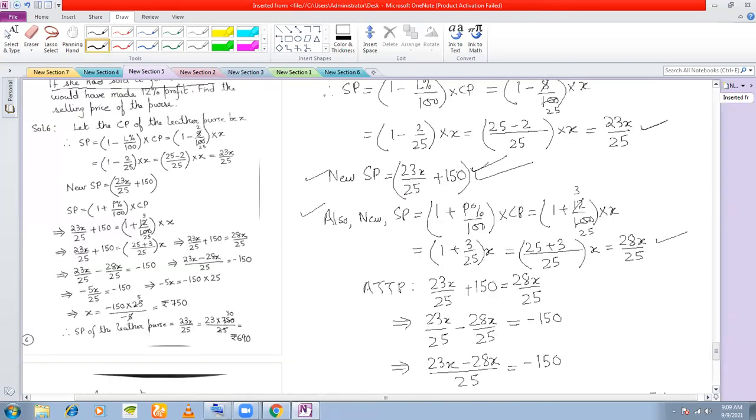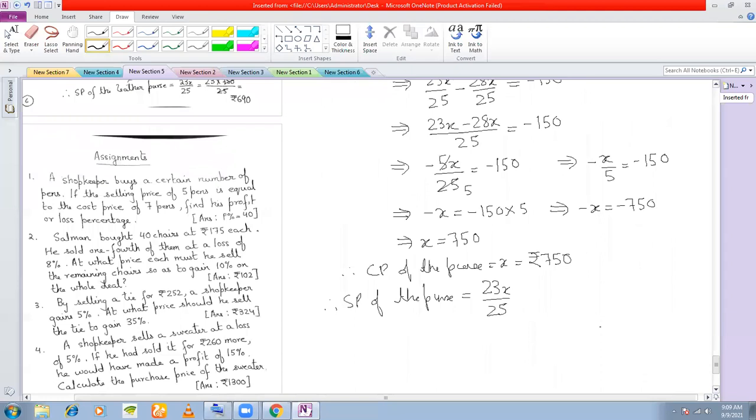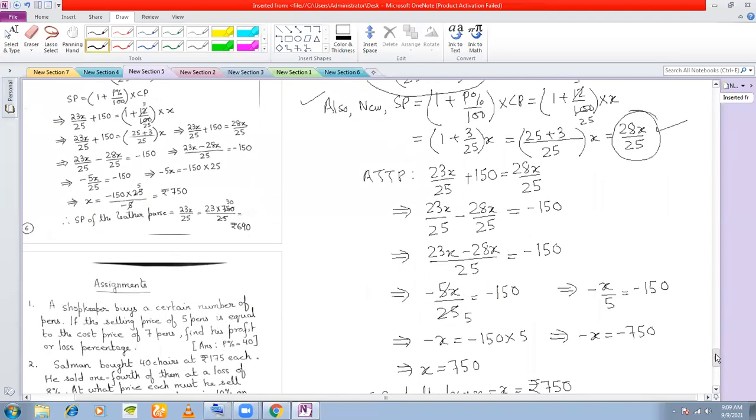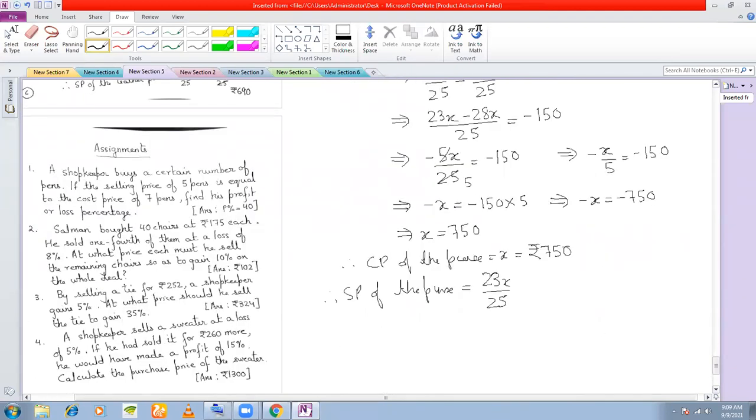So the selling price of the purse is 28x by 25, and not 23. This is 28 into 750 by 25. You can cancel here with 30. So you get rupees 840.